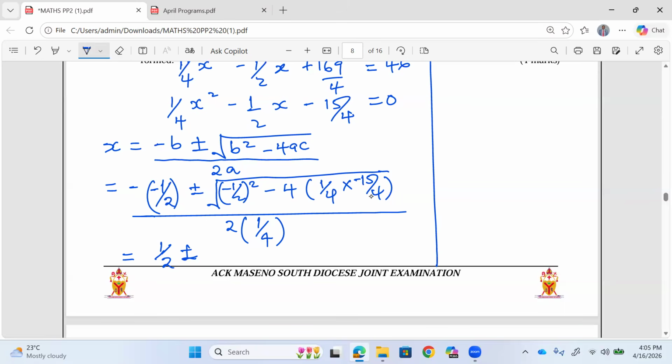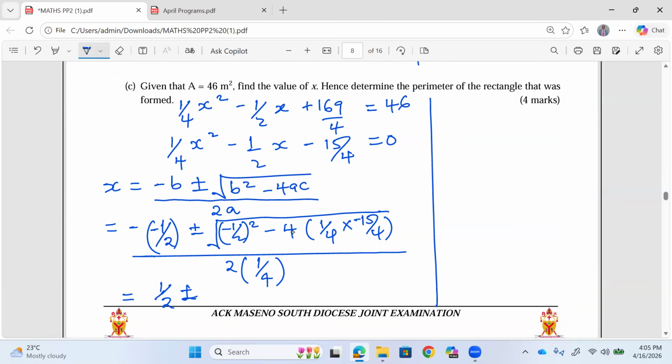Because the first part here, 4 times a quarter times negative 15/4, becomes 3 and 3/4. And when you square half, you get a quarter. So it's like we're having a quarter minus negative 3 and 3/4, and that becomes 4. So inside, under the root sign, we have 4. The square root of 4 is positive and minus 2.